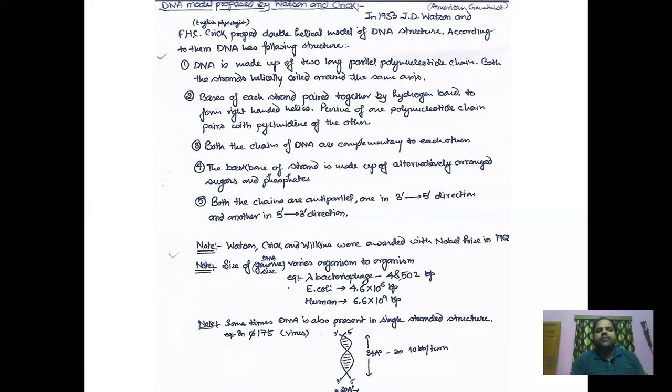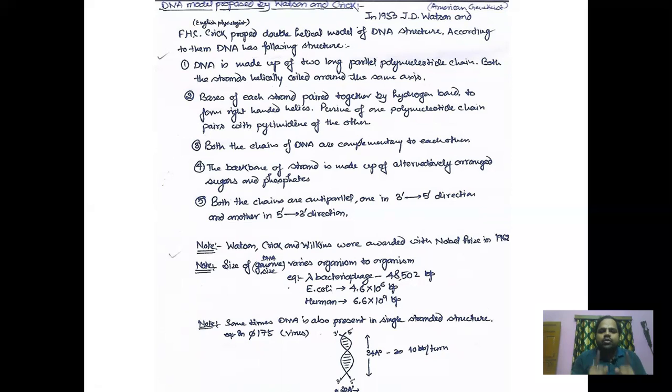The DNA is made up of two long parallel polynucleotide chains. Both the strands are helically coiled around the same axis. So the first point they concluded is that DNA is made up of two parallel nucleotide chains.